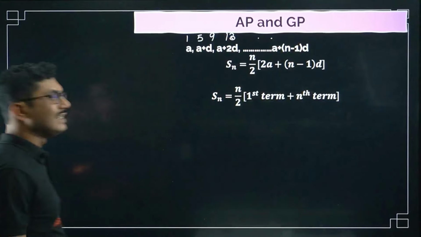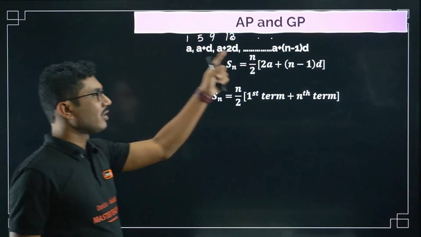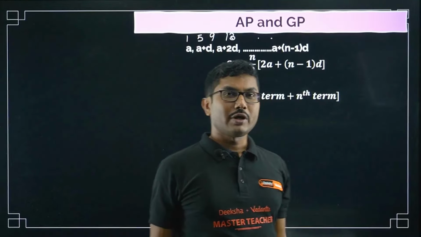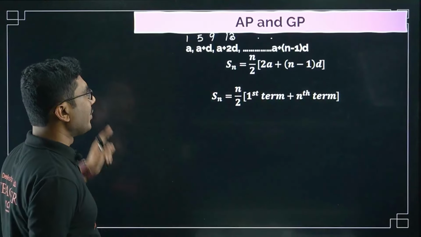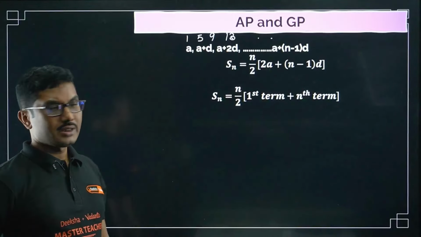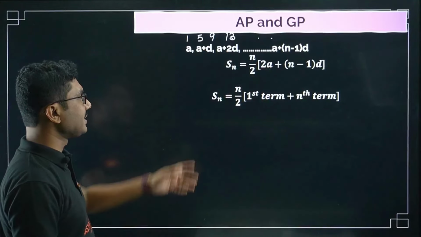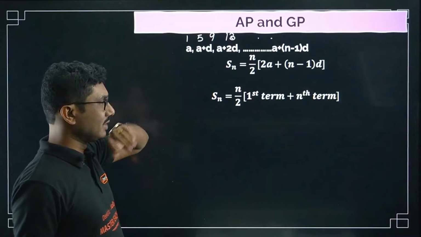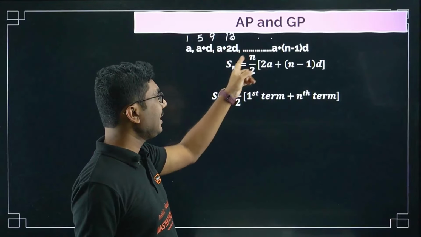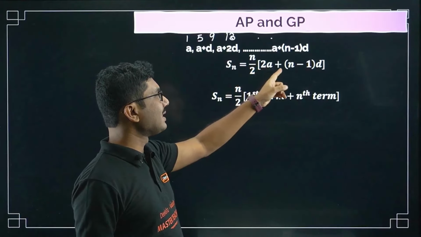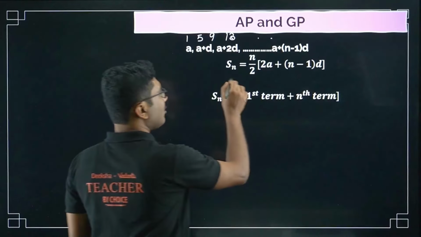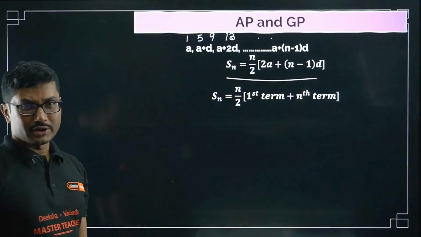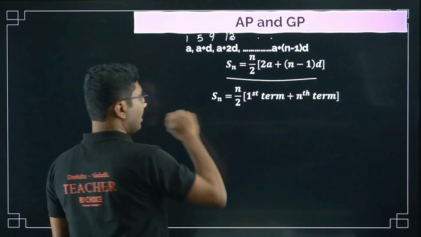If this is a series up to n terms, what will be the sum of all the terms? The sum is given by Sn equals n by 2 into 2a plus n minus 1 into d. This is the common sum of all the terms in case of AP.